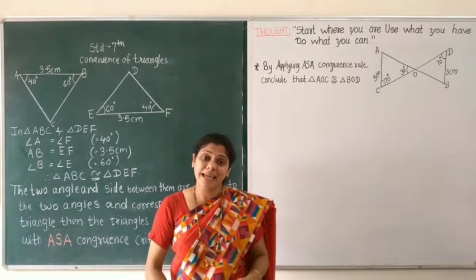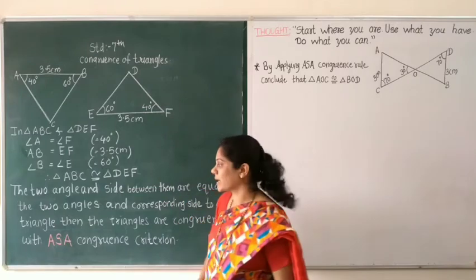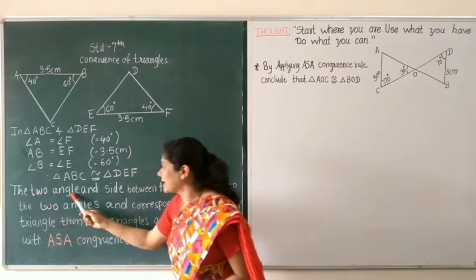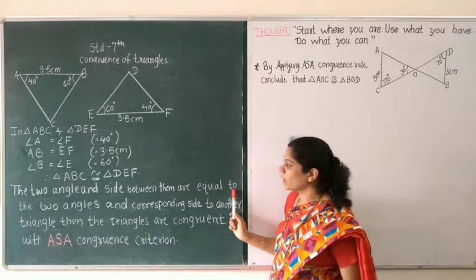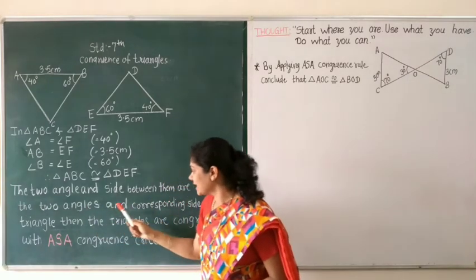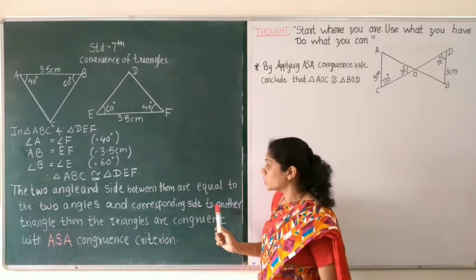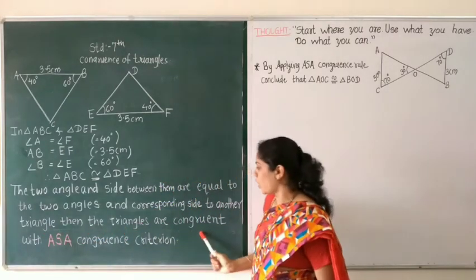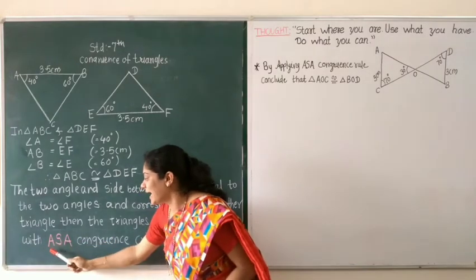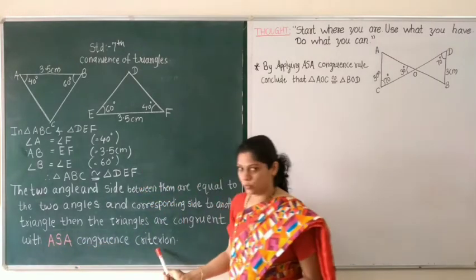So what is the ASA congruence rule? Look here. Two angles and the side between them are equal to two angles and the corresponding side of another triangle, then the triangles are congruent by the ASA congruence rule.